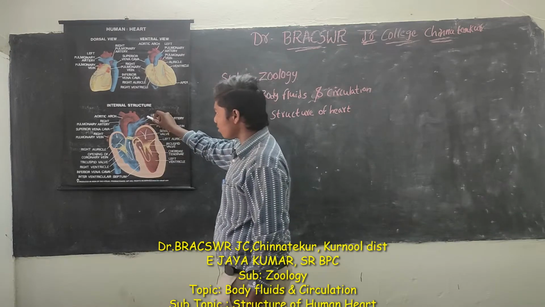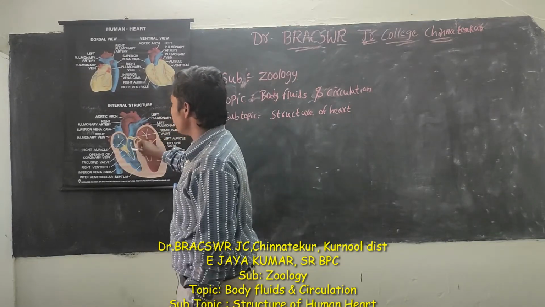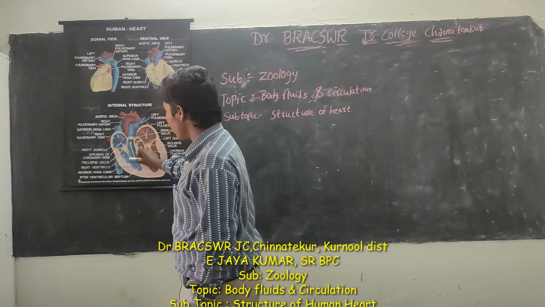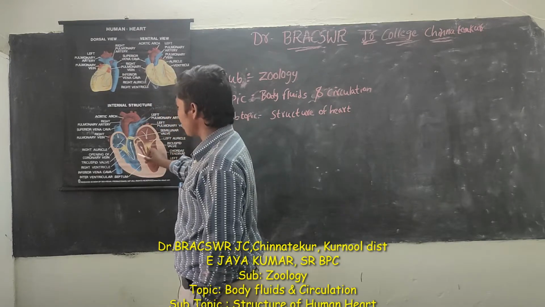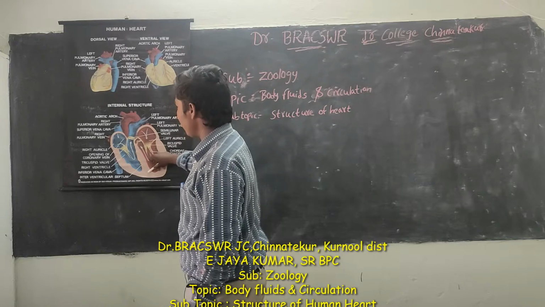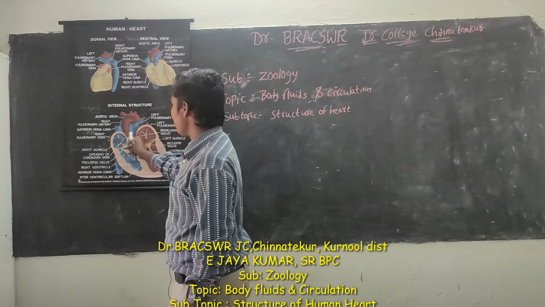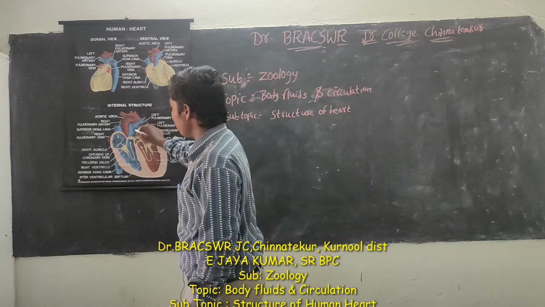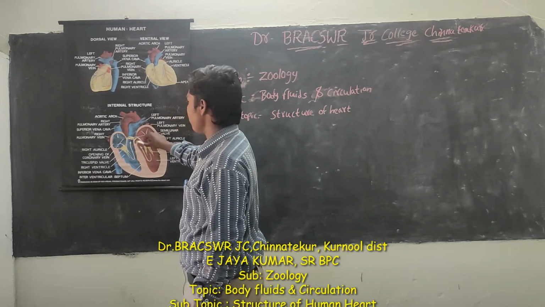This is very important. The right ventricle and left ventricle are separated by the interventricular septum, and the right atrium and left atrium are separated by the interatrial septum.